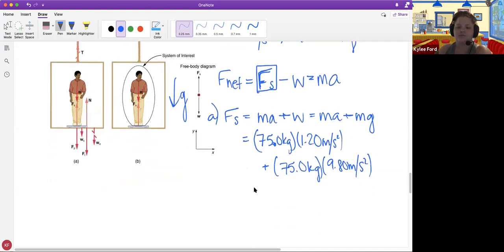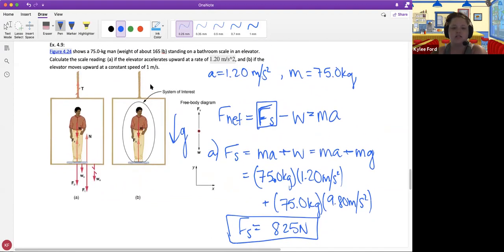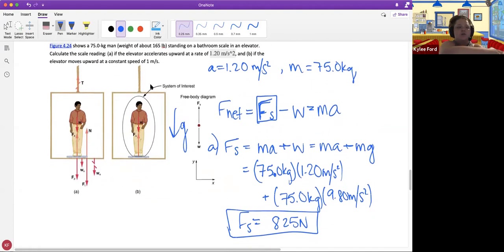Then we plug that into our calculator and we get 825 newtons. So this is how much the man weighs on this elevator, how much weight he is applying on the scale here.